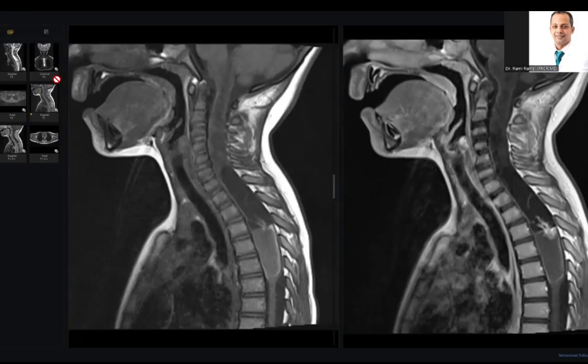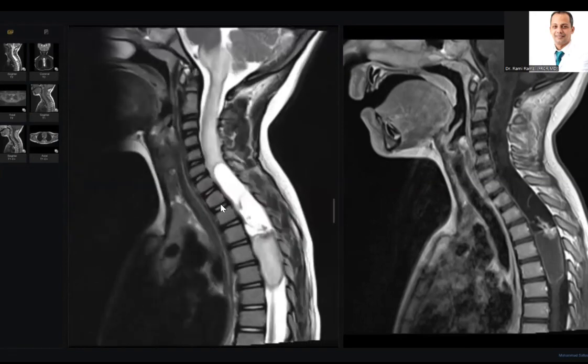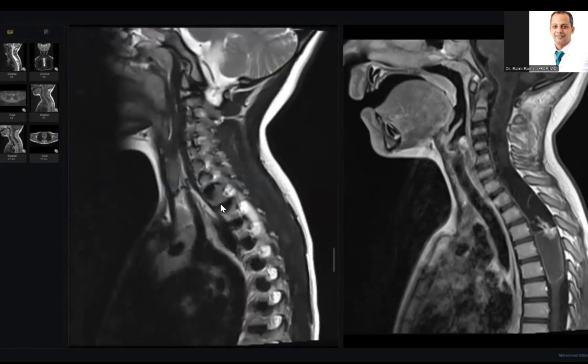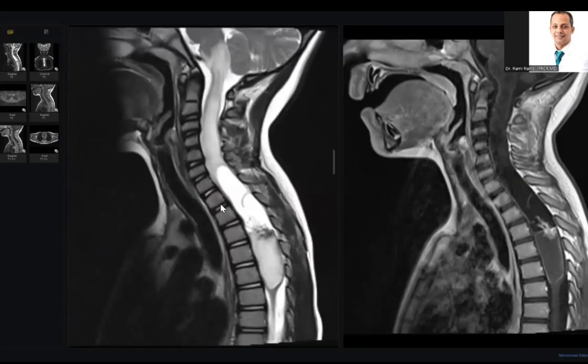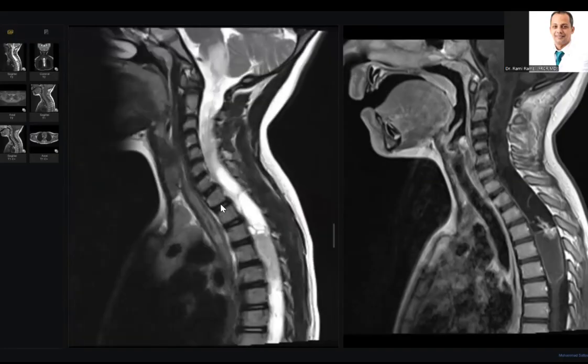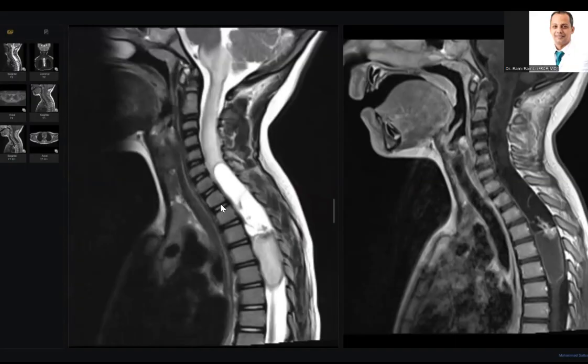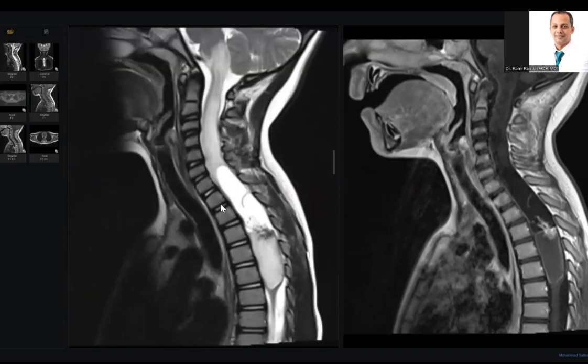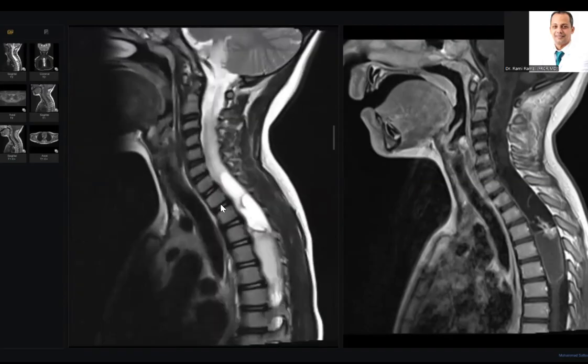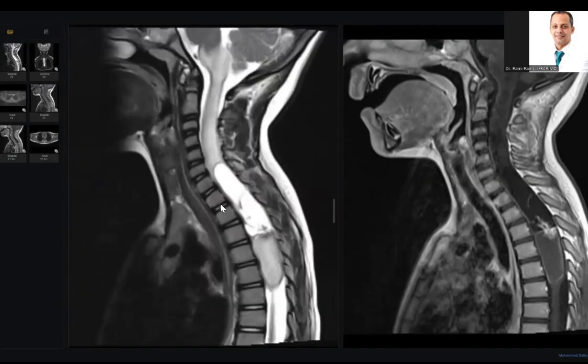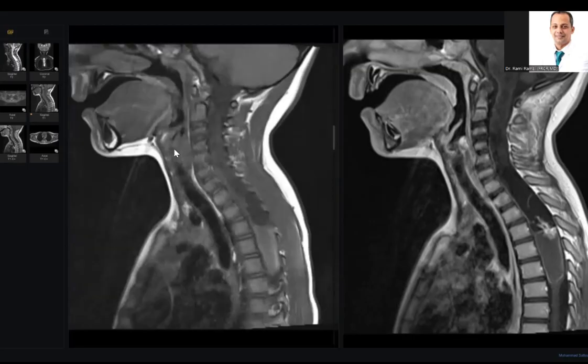My differential for this is astrocytoma. However, in young age, ependymoma is more common, and the long segment affection is in favor of ependymoma.